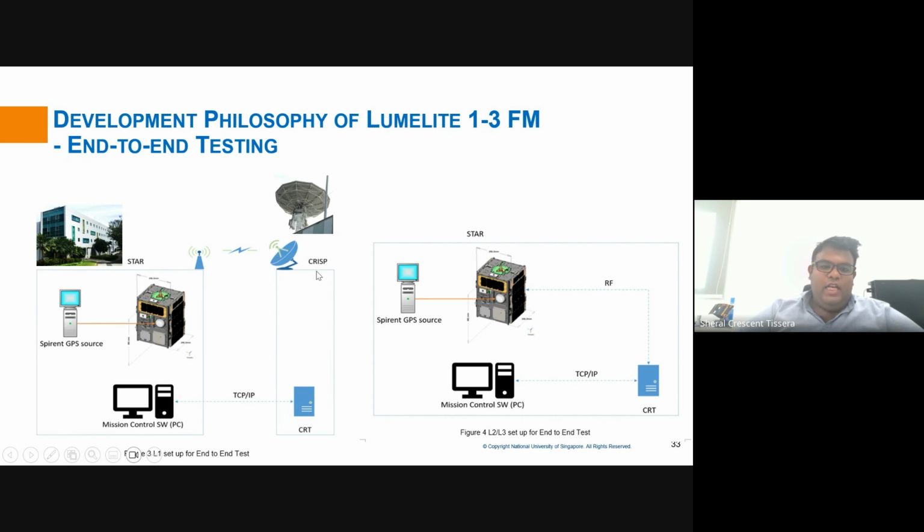So with this, we can do the complete end-to-end testing of the satellite prior to the launch.